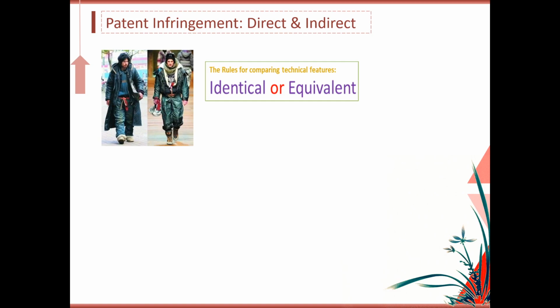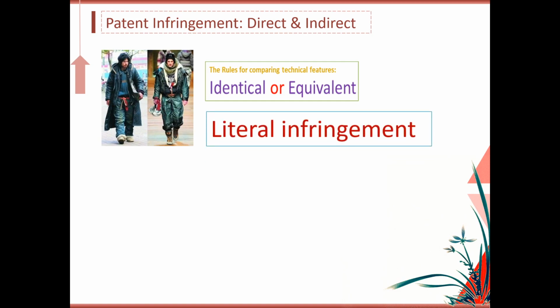In the case where the accused product contains all technical features in the claim of a patent, so that the alleged infringer actually has carried all of the elements of the patented invention, a literal infringement will be established.